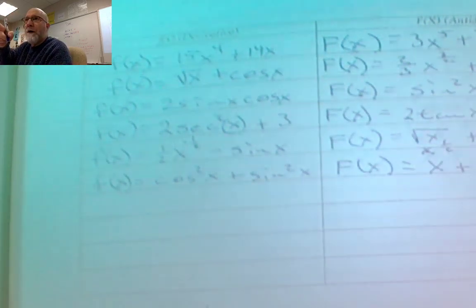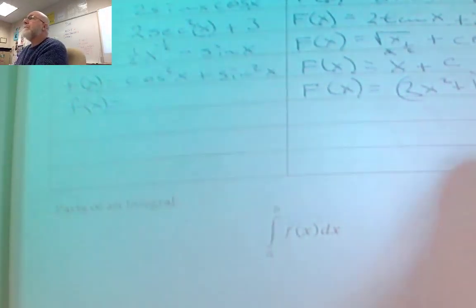All right, ready? Brady, what are you going to do here? Volunteer? Have you gone before? We can't then. Gabby? Okay, ready, Gabby? F of x equals. Now they're going to start getting hard, folks.